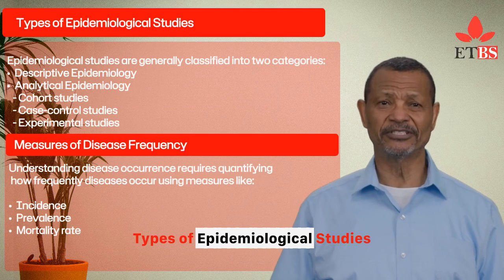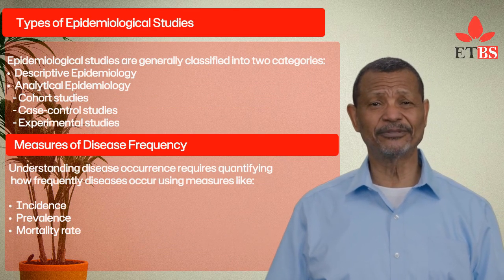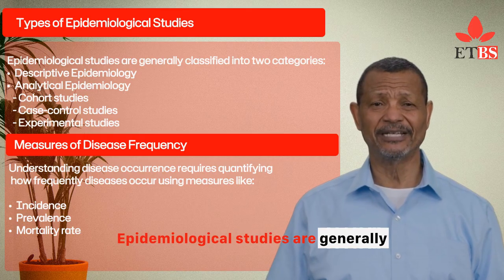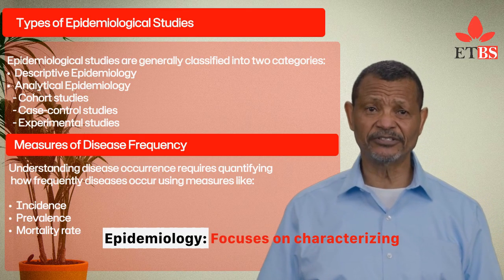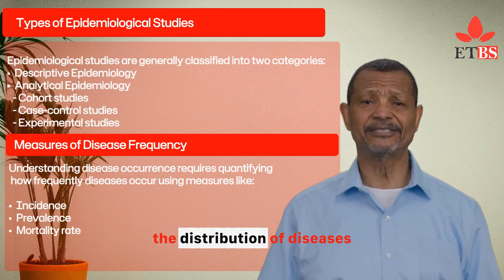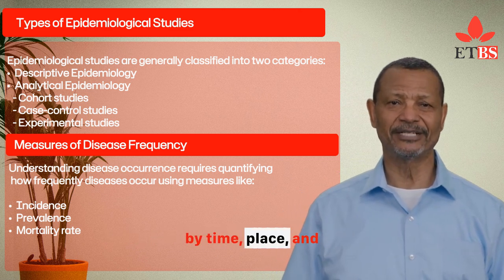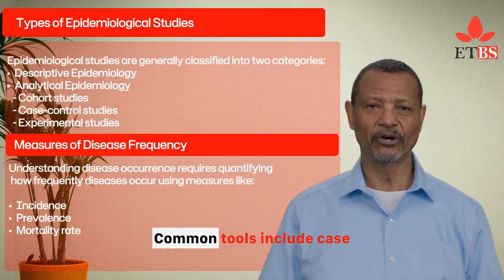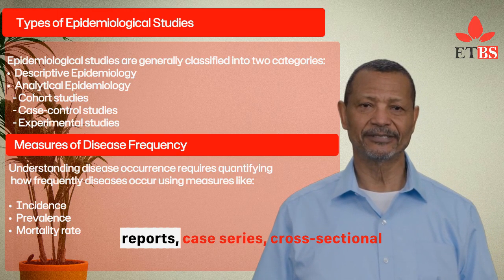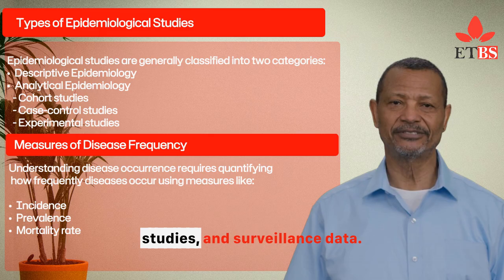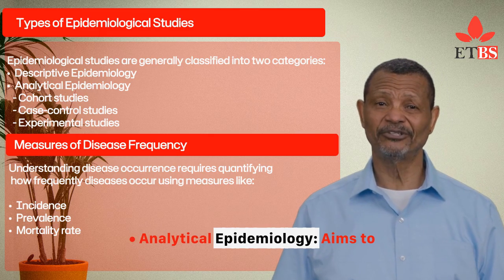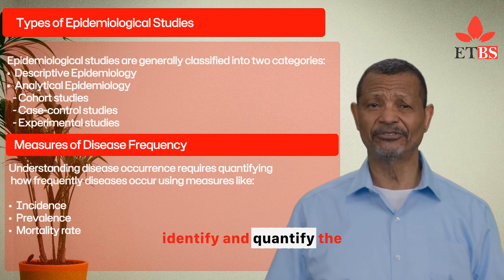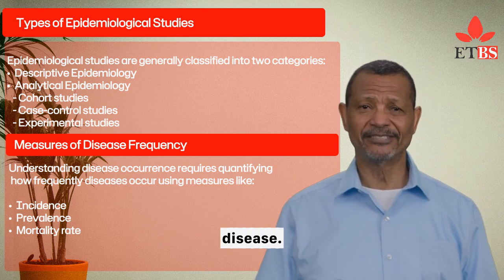Types of epidemiological studies. Epidemiological studies are generally classified into two categories. Descriptive epidemiology focuses on characterizing the distribution of diseases by time, place, and person. Common tools include case reports, case series, cross-sectional studies, and surveillance data. Analytical epidemiology aims to identify and quantify the determinants or causes of disease.